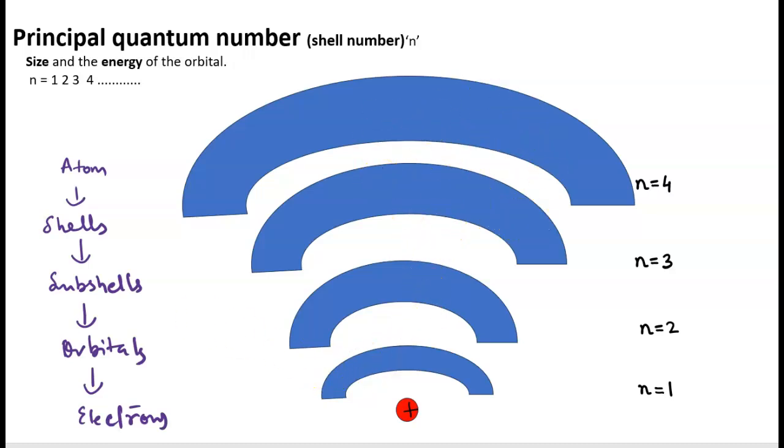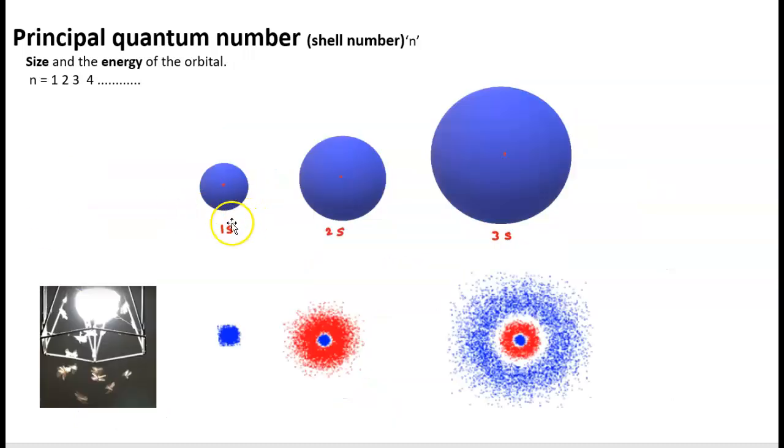You can see it better in this slide. There is a 1s orbital, 2s and 3s orbitals. s orbitals are spherically symmetrical orbitals, and here 1 denotes the principal quantum number, 2 denotes the second energy level, 3 denotes the third energy level.